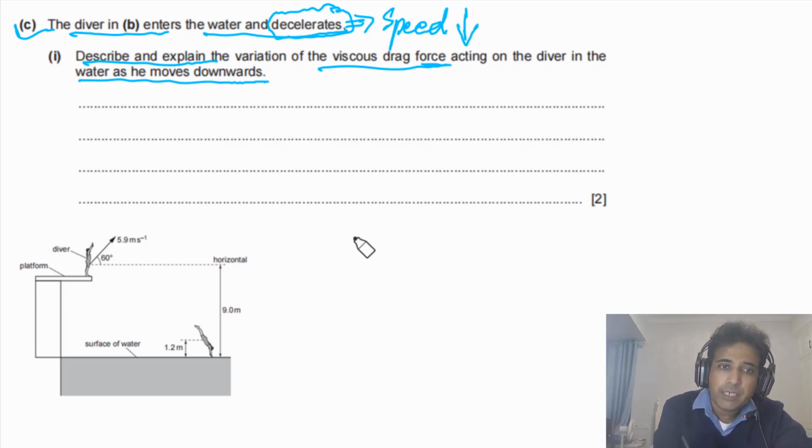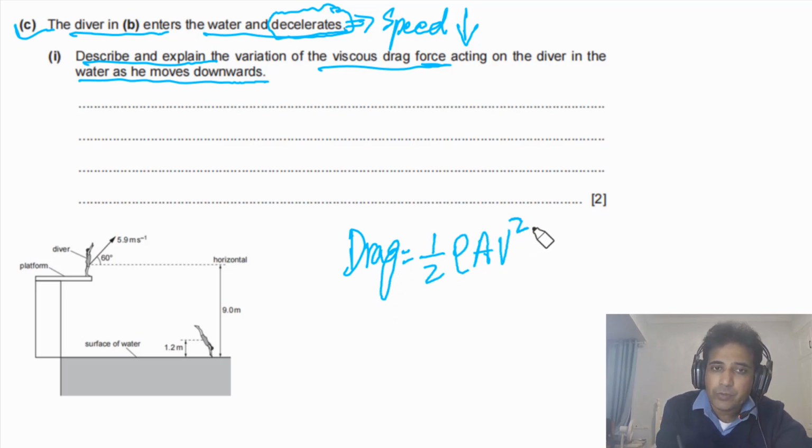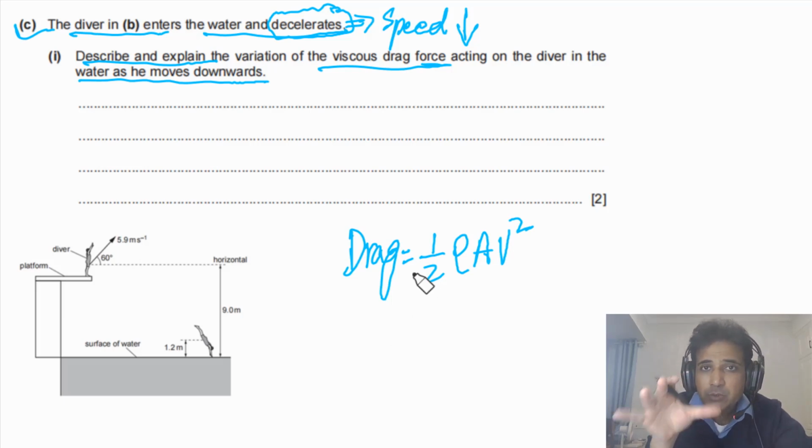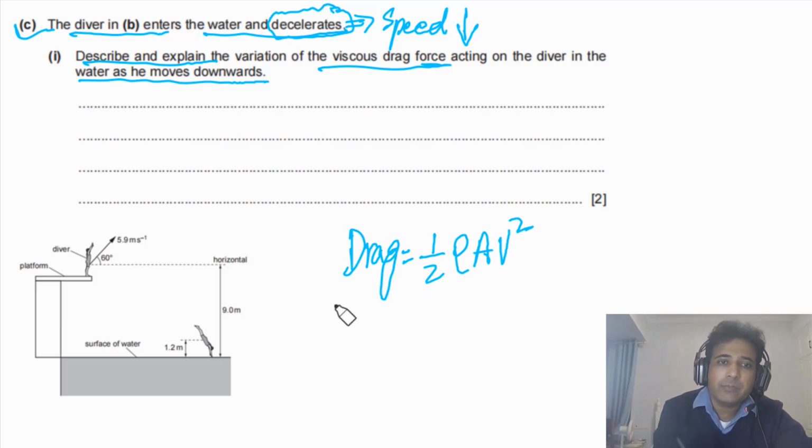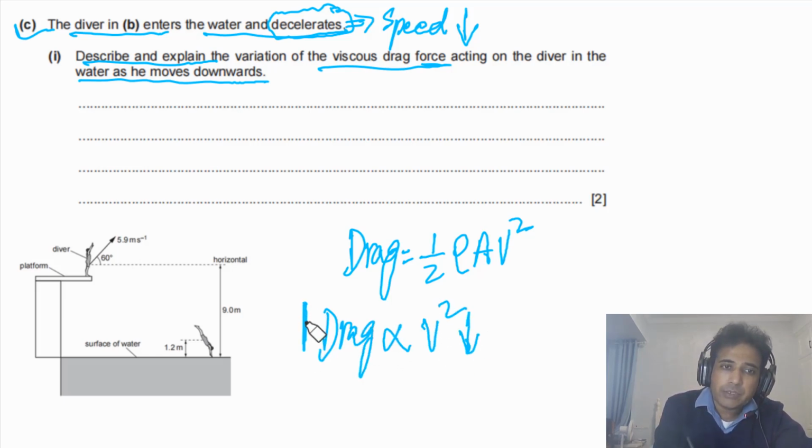Now we need to understand the drag force, or simply you can say drag, this is equal to 1/2 rho A v squared. This formula you don't need for A level, but simply you need to understand drag force is proportional to v squared. So if v goes down, it means drag force will go down.